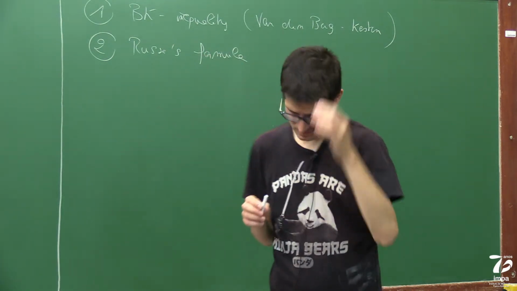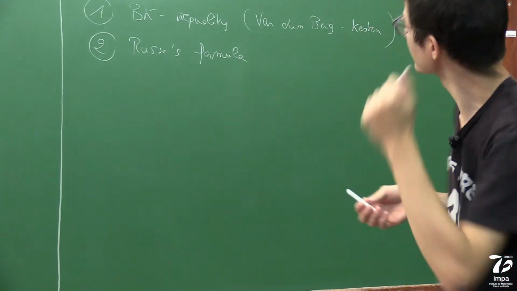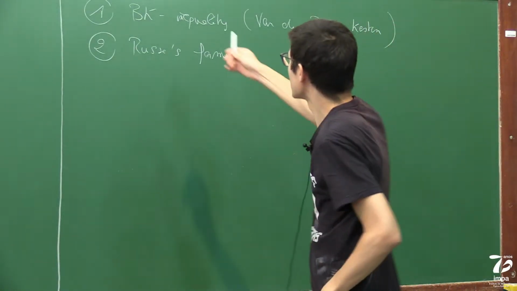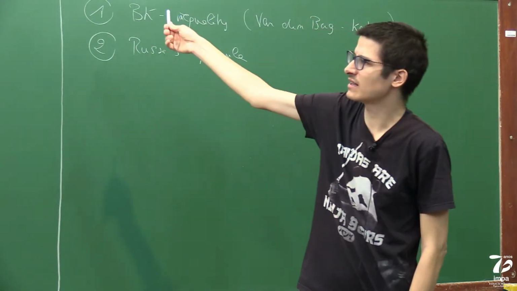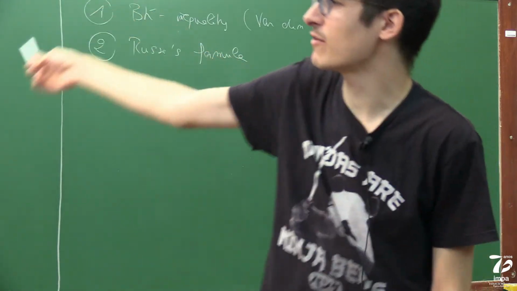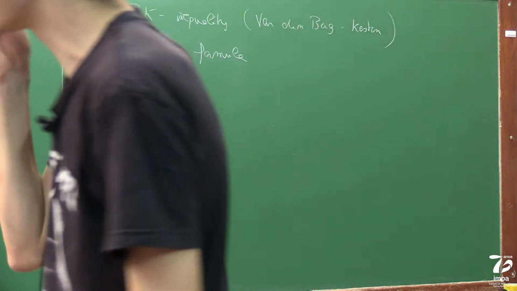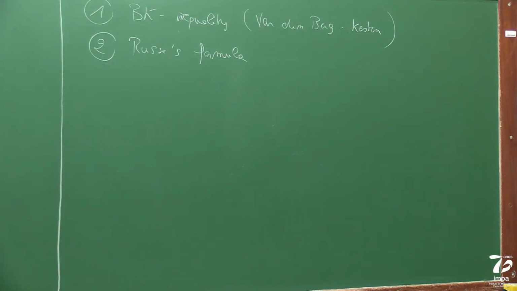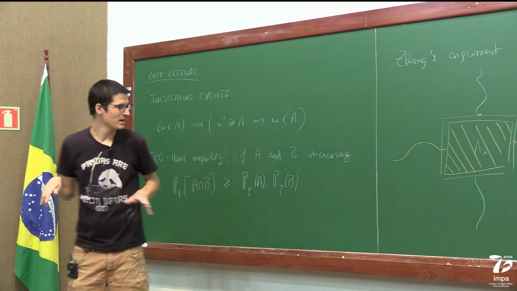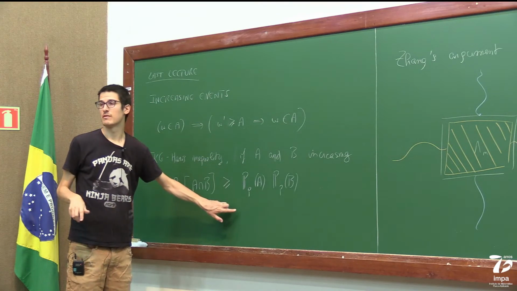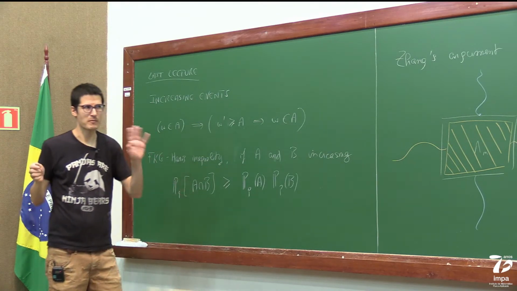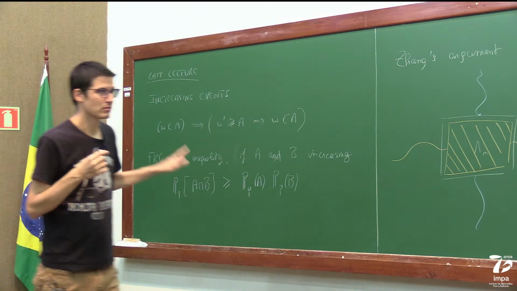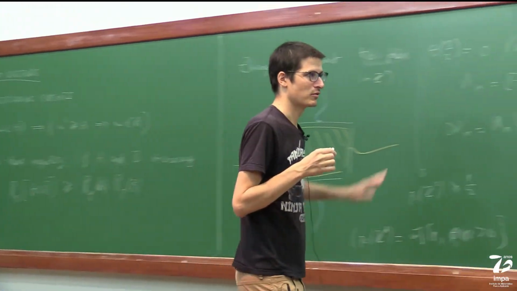This BK inequality is in the same flavor as the Harris inequality, but it looks at a different operation on events. It says that basically, if you compose two increasing events in a certain way, then you have an inequality which is the reverse of this. I'm going to introduce what this way is in a moment.